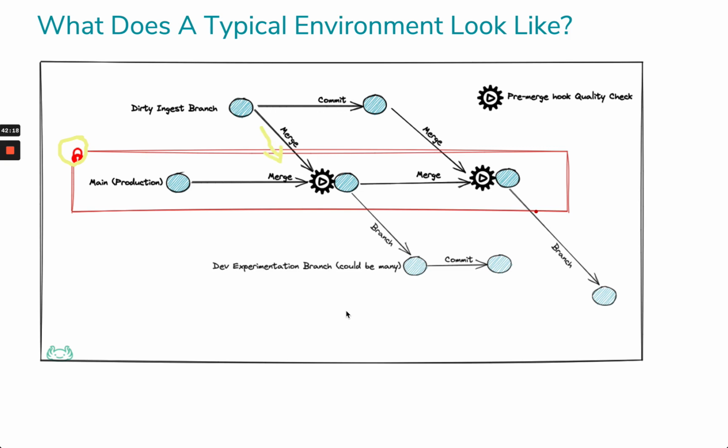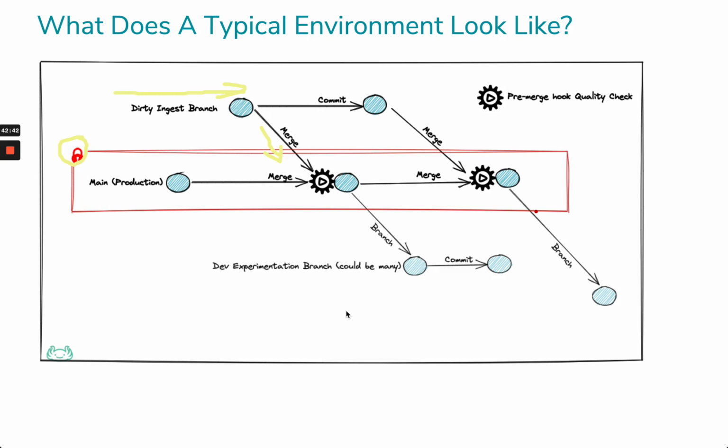So for example, if I have a dirty ingest, I'm now ingesting data from a new source into the system. That happens a lot. Sometimes we need to support, I don't know, tens or hundreds of sources of information being ingested into the system. We don't always control that, but we need to do that, so we can do it on a separate branch.